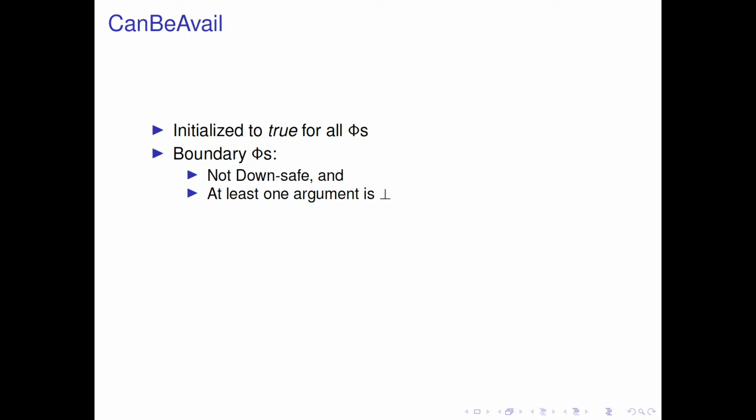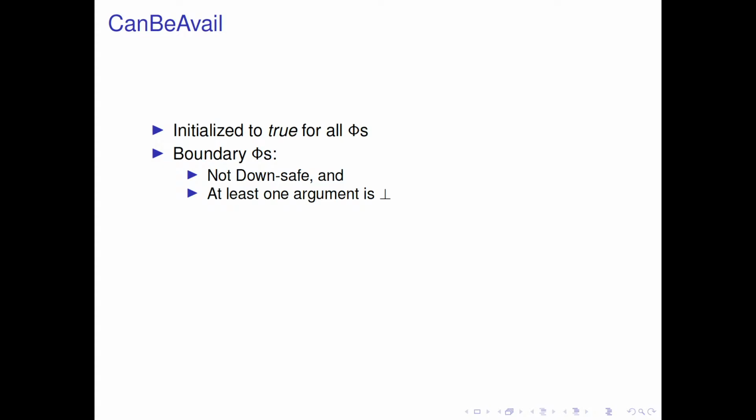If it is anticipable, every path from this point to exit has a computation, so you are safe. On the other hand, let's say it is not down safe, but all the arguments of E or phi have something coming in, which means on every path there is a computation. Now one of the paths has bot, which means on this path E has not been computed.